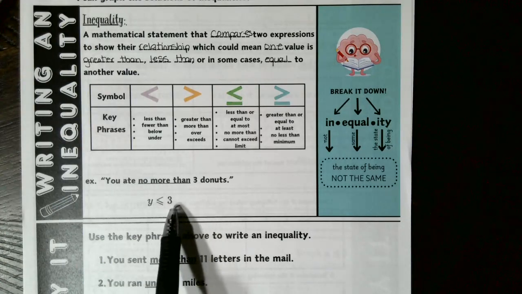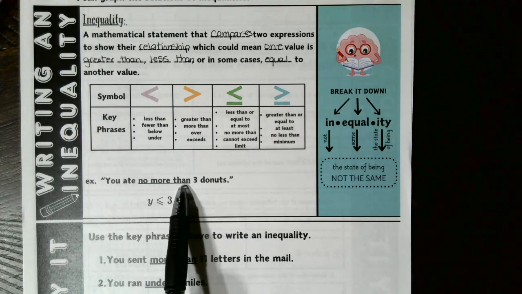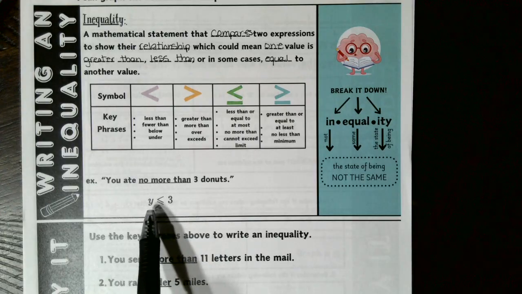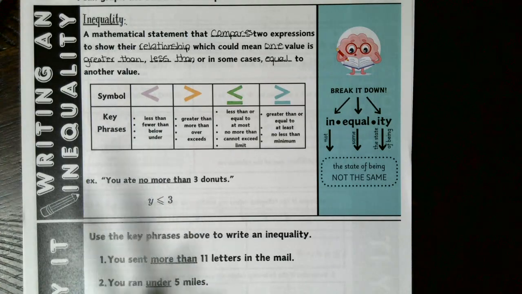So I know that I can eat 3 donuts, but I'm not eating any more than 3 donuts, right? So I'm going to say my y is less than or equal to, because I could eat 2, I could eat 1, maybe I'm going to eat none. Who knows? So anything 3 or less is what my answer is going to be.